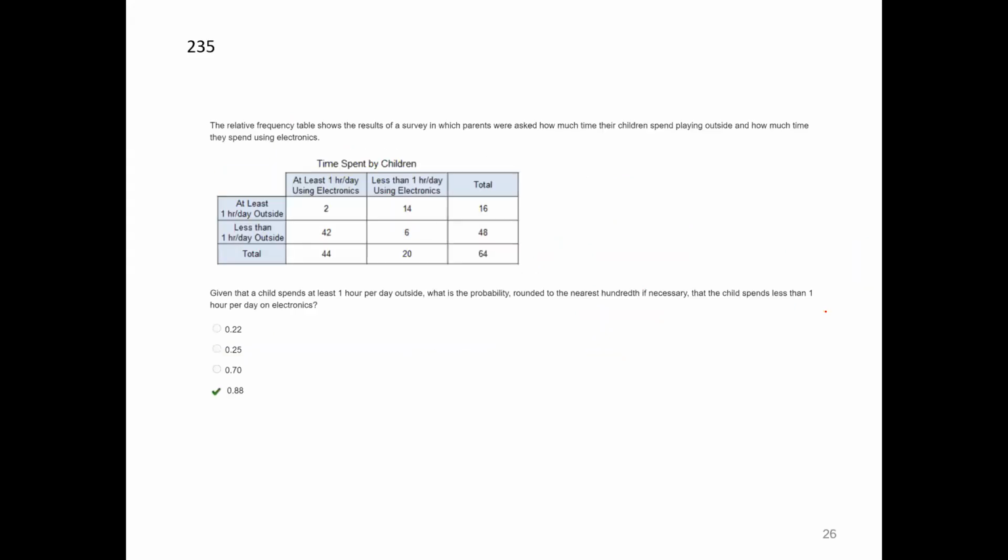Last one, you guys. Here we go. Oh, dang, I don't like this question either. So take a moment, read it, highlight it.